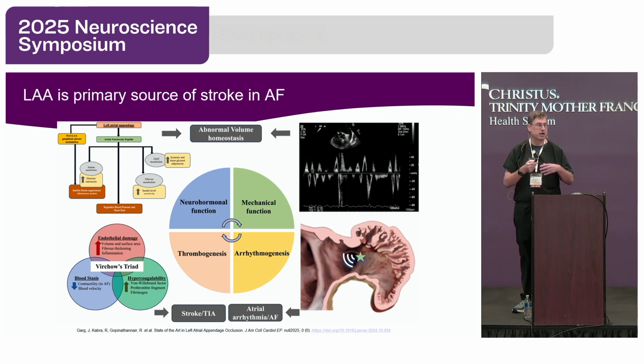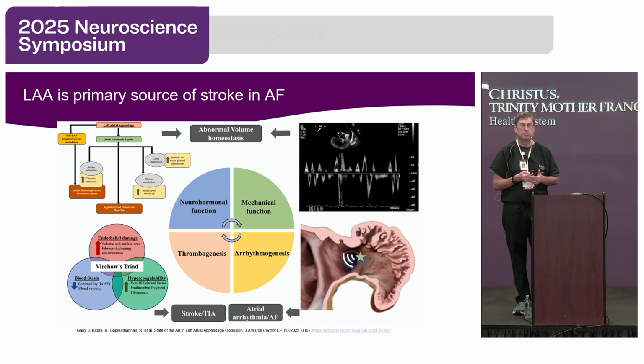It also is a very compliant structure, so it serves as a reservoir and allows extra blood to pool there. It's twice as compliant as the left atrium itself. It also has a contractile function to it. It's been implicated as being a source of atrial fibrillation, particularly the base of the left atrial appendage is proarrhythmic.